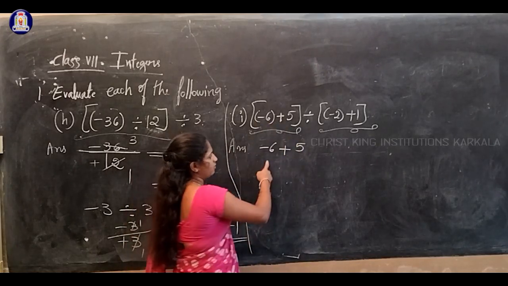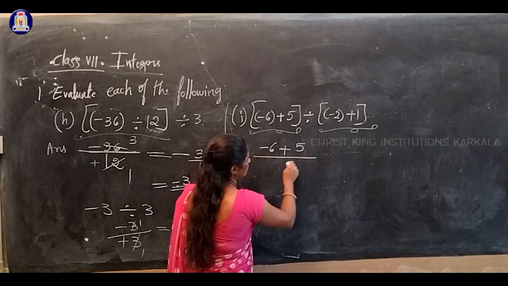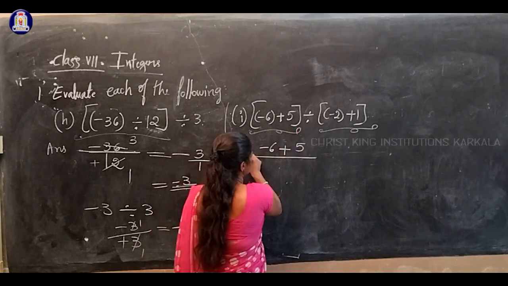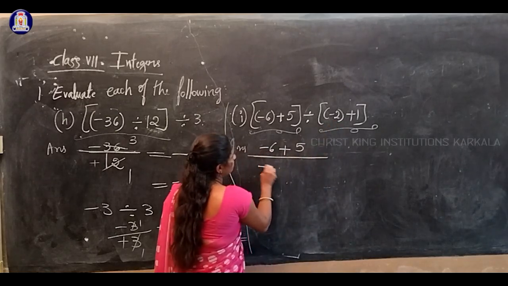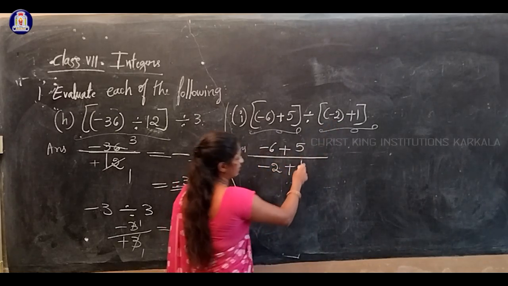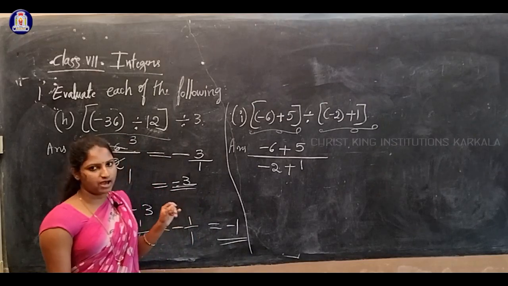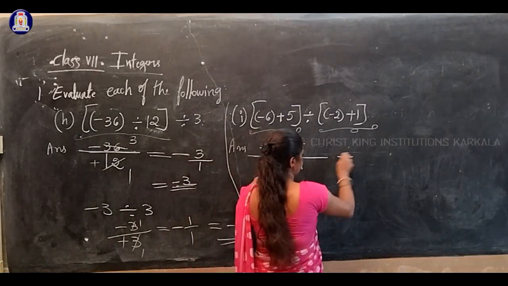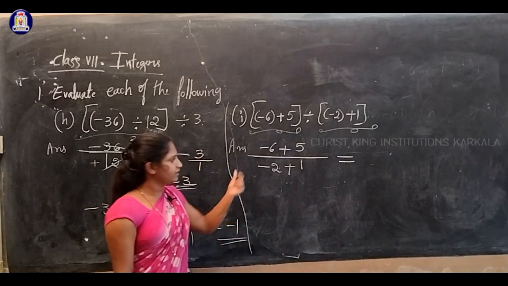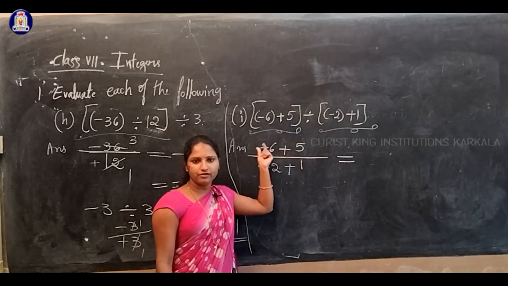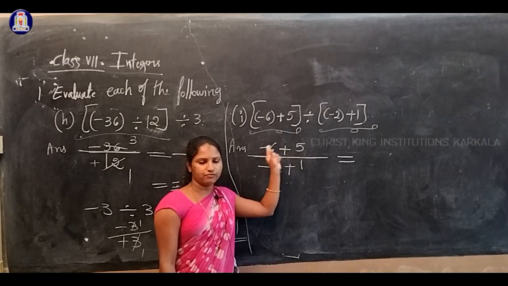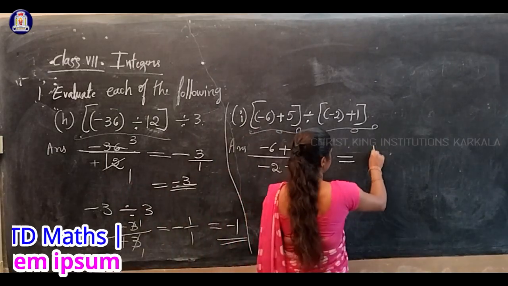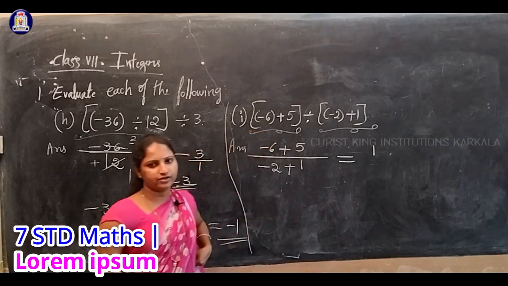Now the denominator, divided by minus 2 plus 1. So minus 6 plus 5: different sign, subtraction. So 6 minus 5, that is 1.